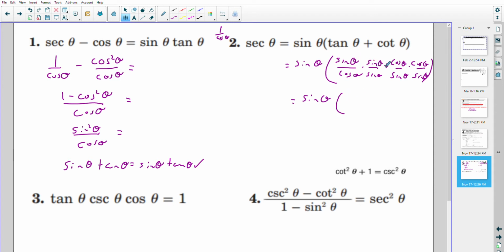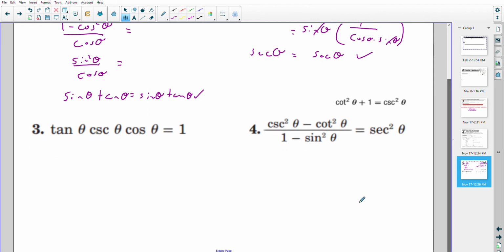It's sine squared plus cosine squared, which is really 1. And the bottom is going to be cosine theta times sine theta. Sine thetas cancel, and you're left with 1 over cosine theta, which is secant theta, and that's equal to secant theta. It's a good feeling when you get the right answer because you know it's right with your substitutions.